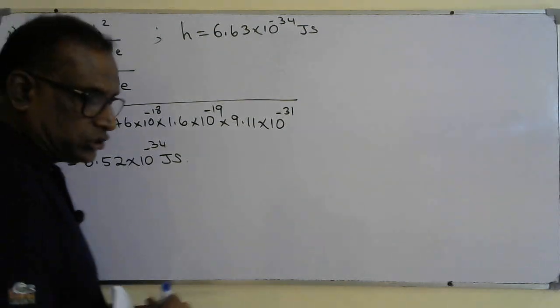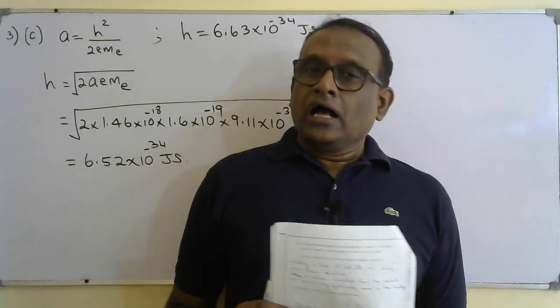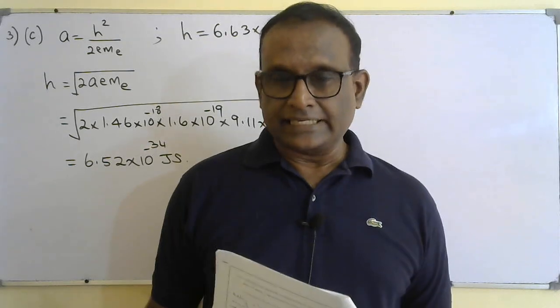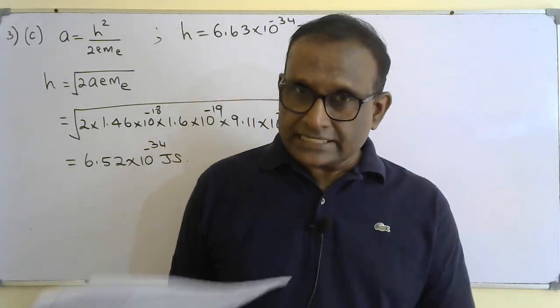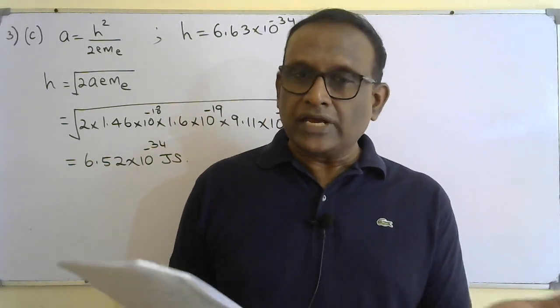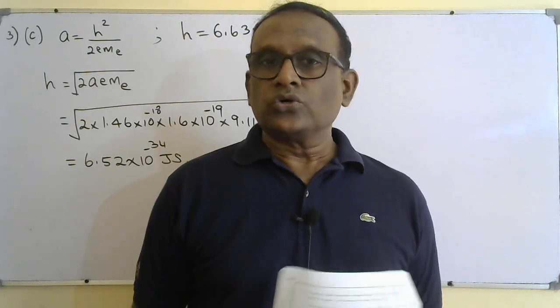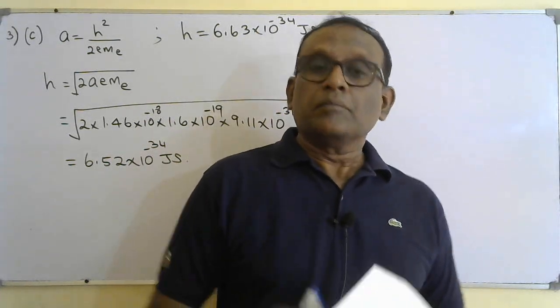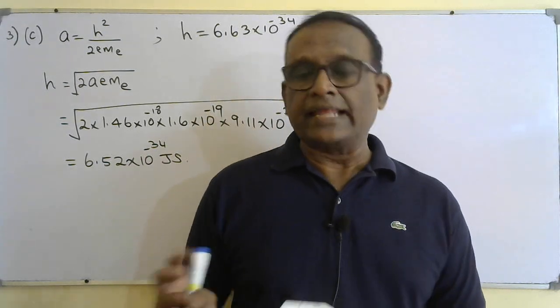Okay, so method 2, what it says: any measurements have uncertainty. So you can calculate the percentage uncertainty. Then there will be a percentage difference between your value and the actual value. It says that the percentage difference must be smaller than the percentage uncertainty.